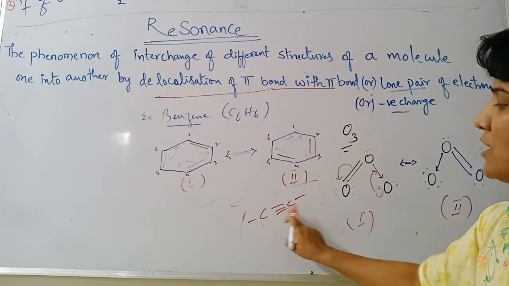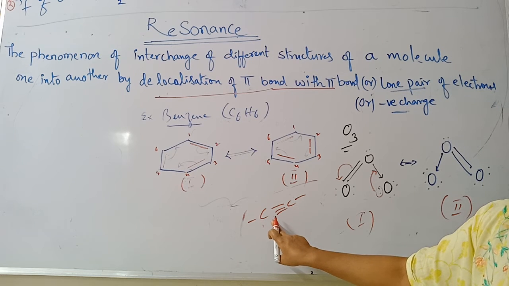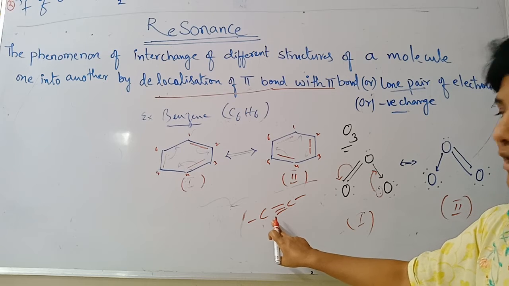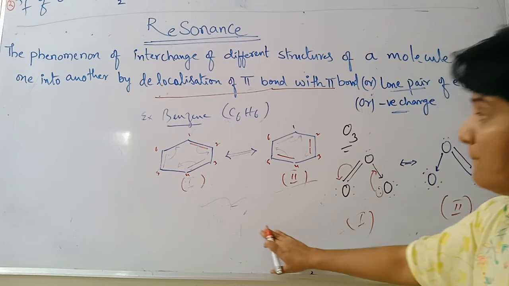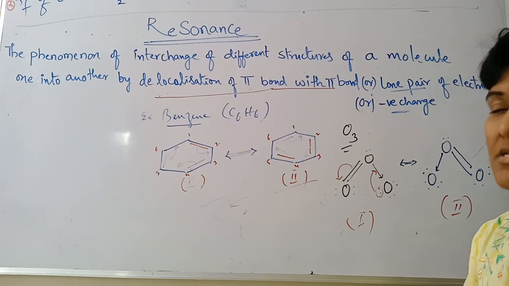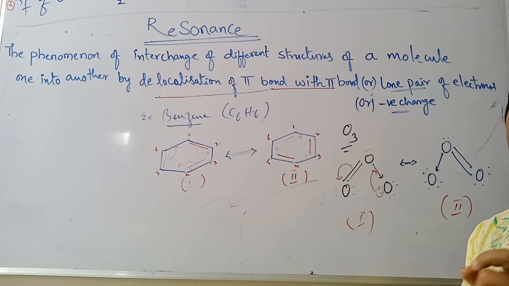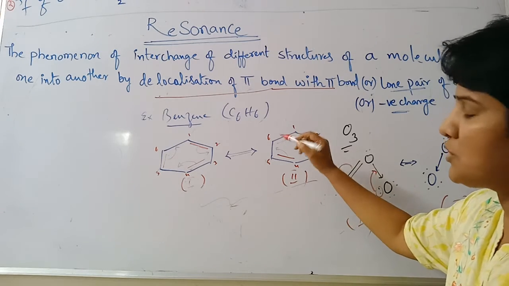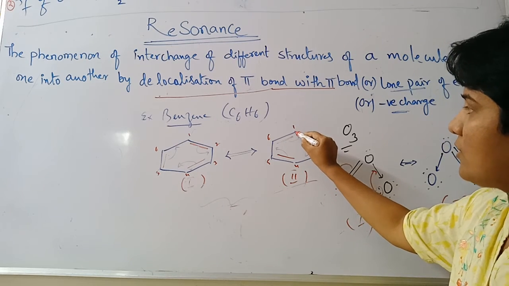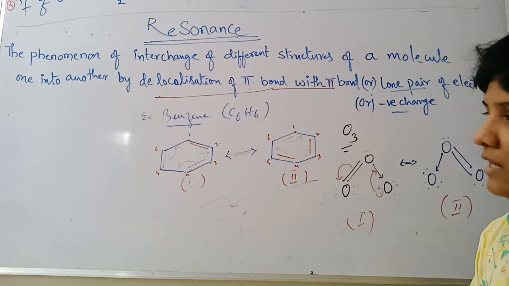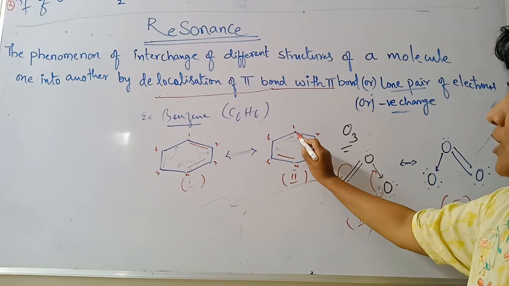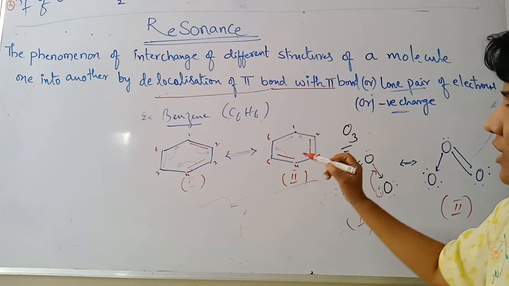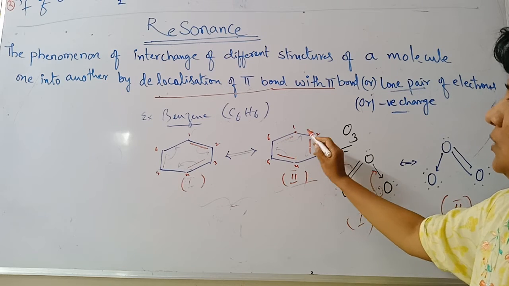So the number of bonds between two atoms in a molecule is called the bond order. So here, based on the resonance structures, one can calculate the bond order. See here, choose any carbon of benzene. Around this carbon, how many bonds are present which are interchanging? 1, 2, 3.